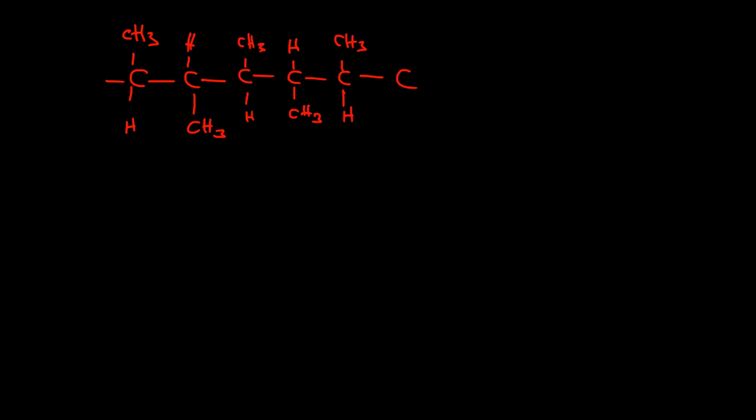How many are these? 1, 2, 3, 4, 5, 6. Okay, so you have hydrogen, CH3. Then the question is, what is the initial monomer for this one? Or what is the monomer from which this polymer was formed?